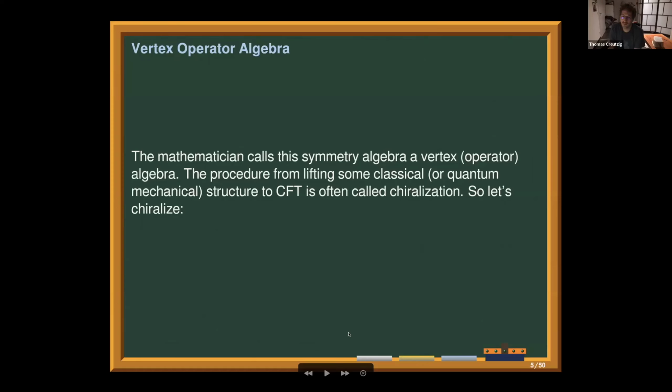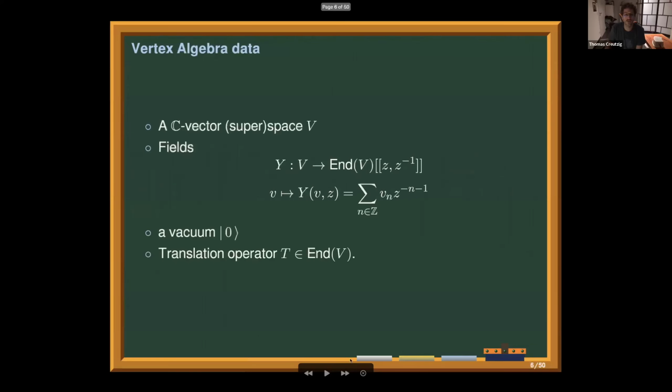But one thing that can be formulated rigorously is the symmetry algebra, the chiral algebra of a 2D conformal field theory. And the mathematician calls this a vertex operator algebra. So I will use this name, and you think about it as the symmetry algebra of a conformal field theory. And we see how this now goes.